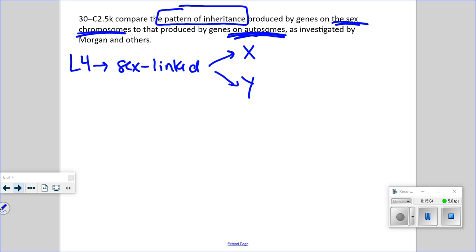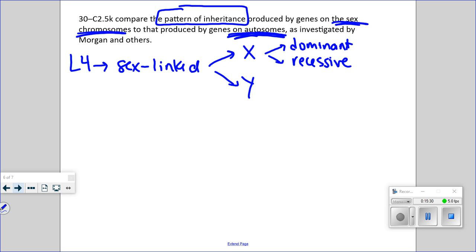If they are Y-linked, we don't usually categorize them as dominant or recessive because it doesn't really matter. People only have one Y chromosome. But if they are X-linked, you can have dominant or recessive traits.